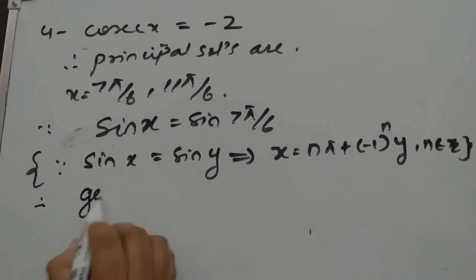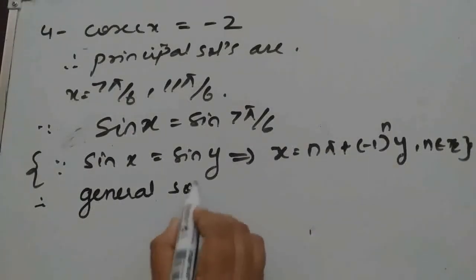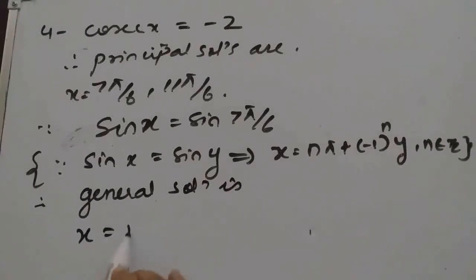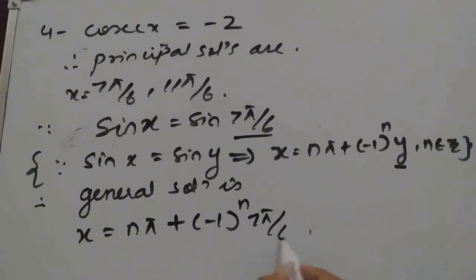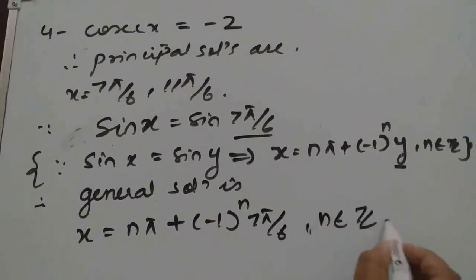Therefore general solution is x is equal to n pi plus minus 1 raised to n times 7 pi by 6, where n belongs to Z.